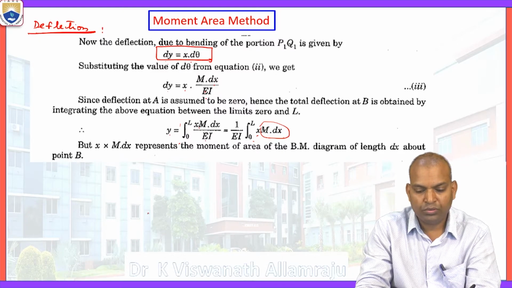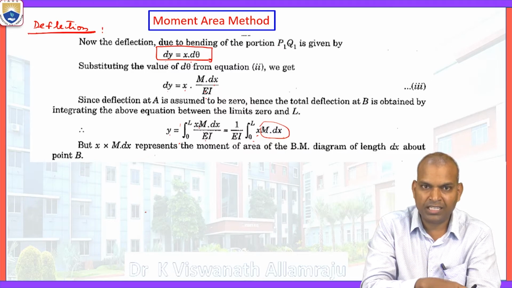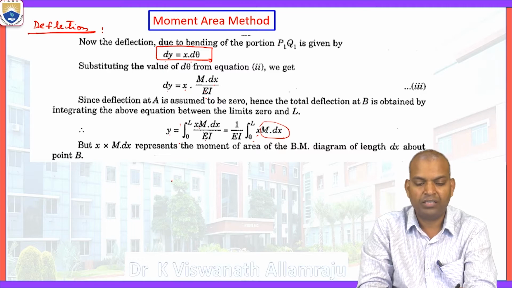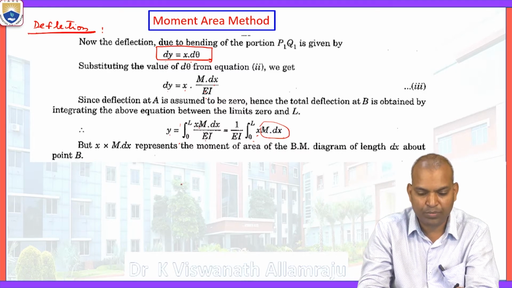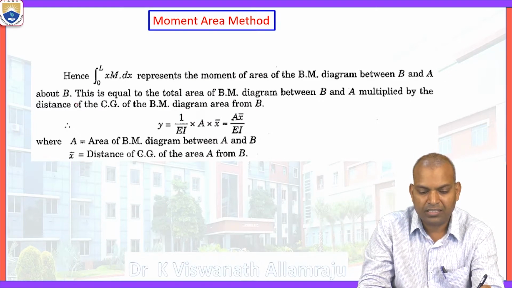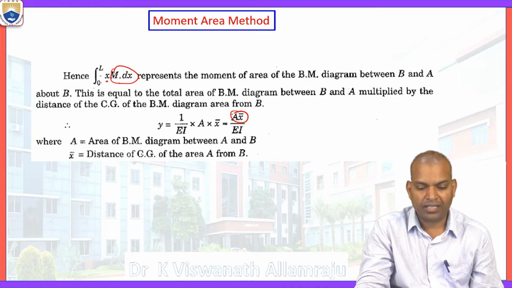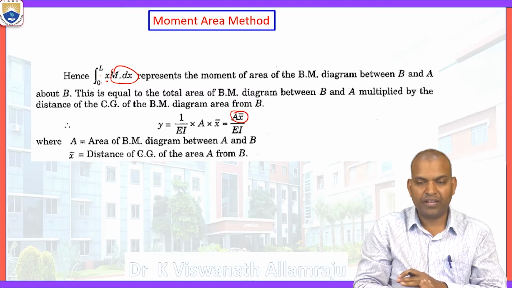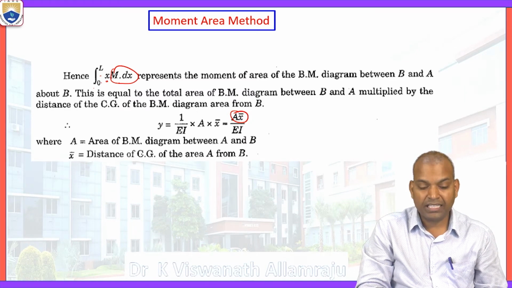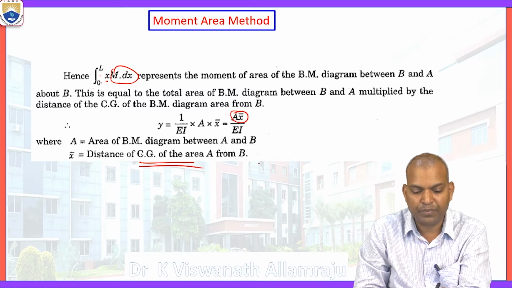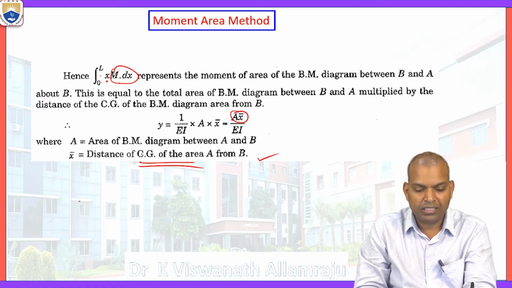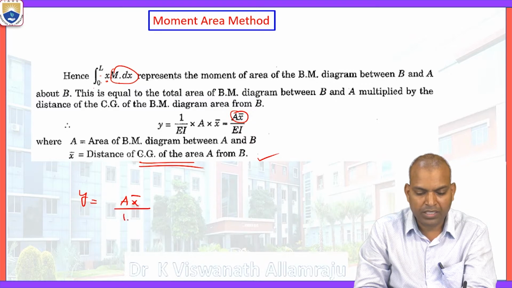Then the area times the distance is the moment of area of the bending moment diagram of length dx about point B. So the integral from 0 to L of x M dx gives A times x bar, where A is the area of the bending moment diagram between A and B, and x bar indicates the distance of the center of gravity from A to B. This is the deflection value, A x bar by EI.